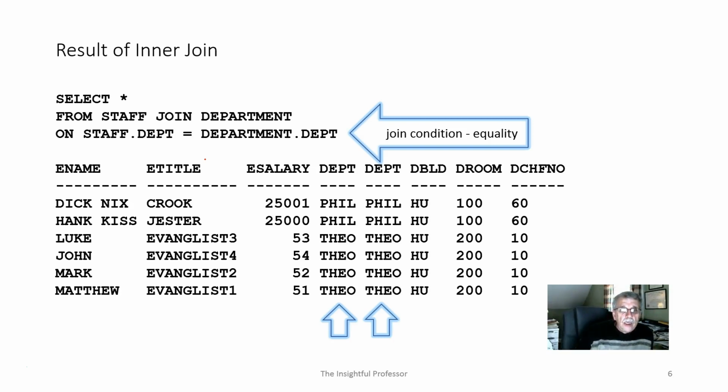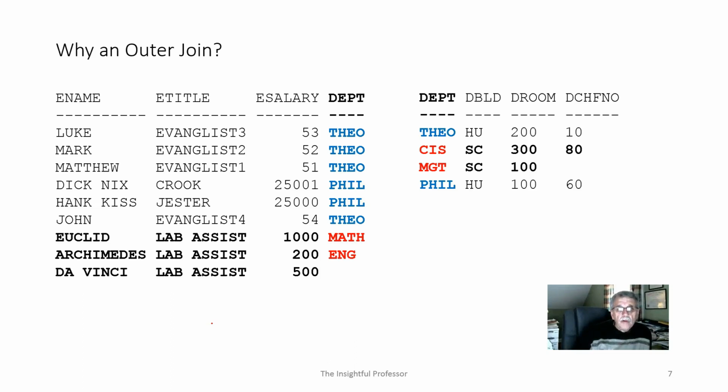So notice we see philosophy and theology as the only 2 departments. But again, if you're familiar with my department table, there are 4 different departments. Furthermore, we have 9 employees in the staff table, yet only 6 of them are reflected in the result here. So the explanation comes about by looking at the individual tables.